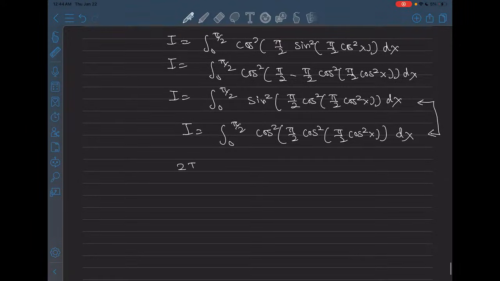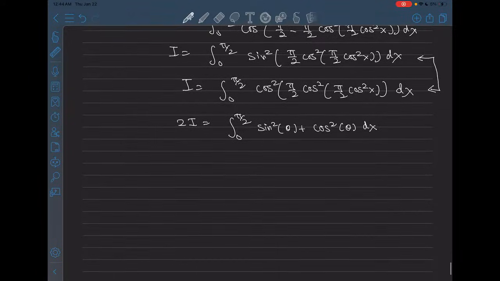If we add them, that becomes the integral from 0 to pi over 2 of sin square of some theta plus cos square of the same theta, right? And we know that sin square theta plus cos square theta is 1. And that is just pi over 2. So I is just pi over 4.